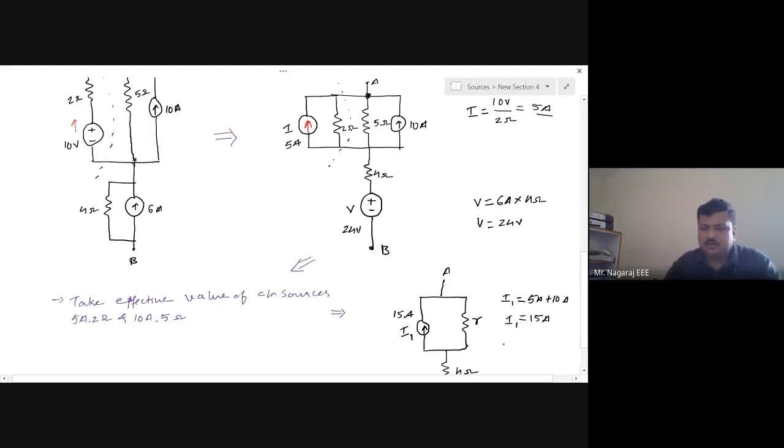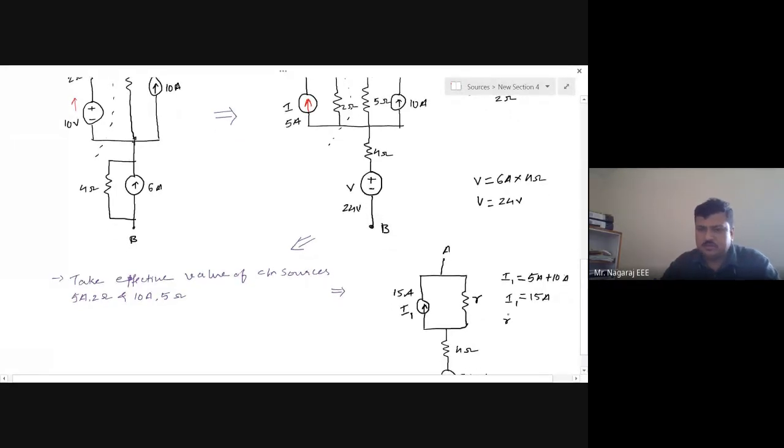Now what is R? The resistance R is equal to the effective value of 2 ohm and 5 ohm connected in parallel. So it is 2 ohm in parallel with 5 ohm. So this is equal to 2 into 5 divided by 2 plus 5.